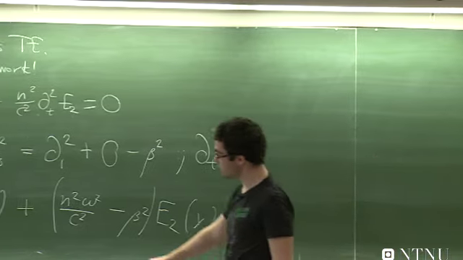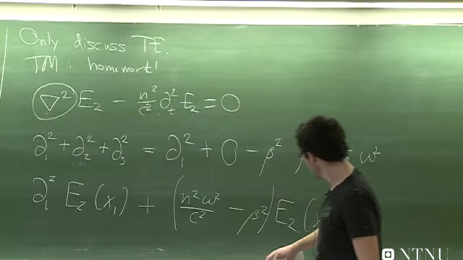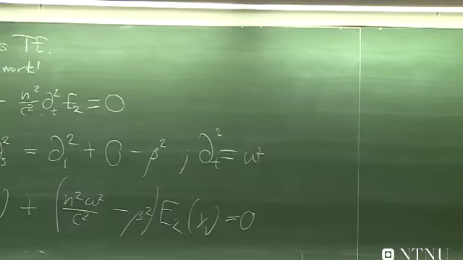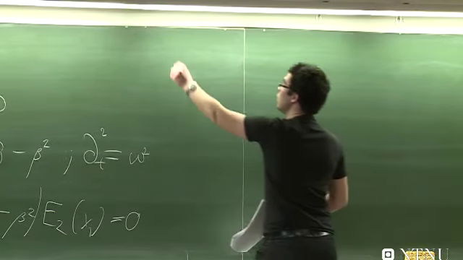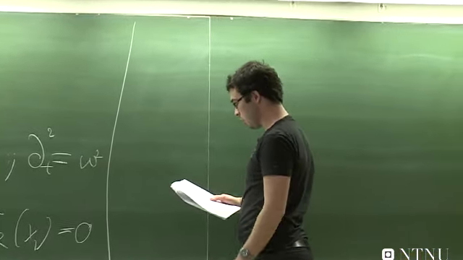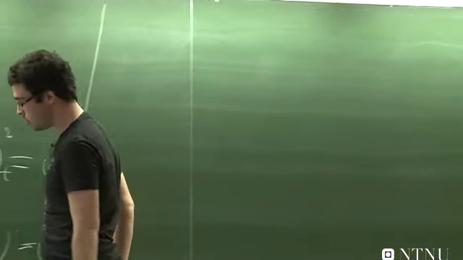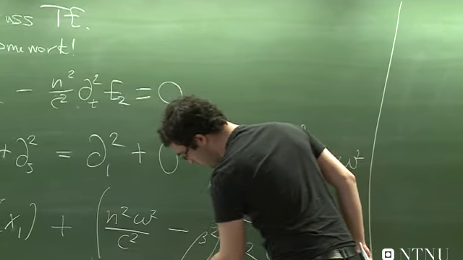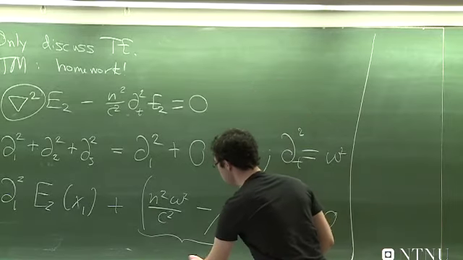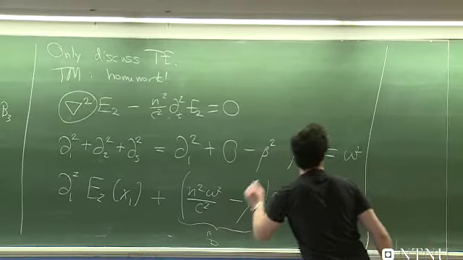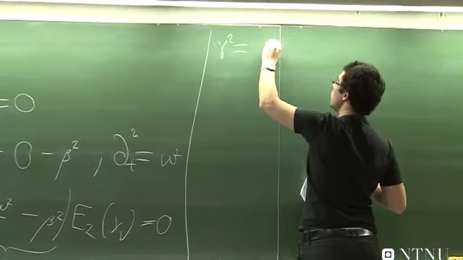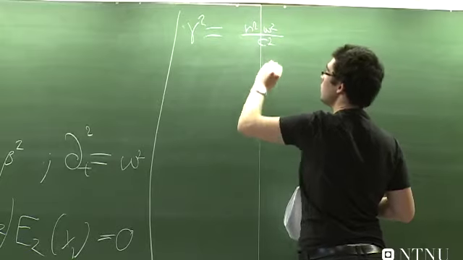We have the derivative, or second derivative, of E2 plus a constant times E2 is equal to 0. And this is an equation we know very well how to solve. So I'm basically going to just quote the solution. We have to consider two different cases, because this constant here, which I'm going to call gamma square. So perhaps I write it up here. Gamma square is equal to n square omega square over c square.